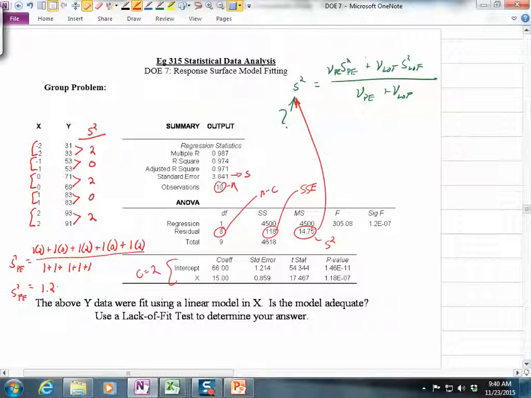You didn't get 1.2? All right, that's the variance that you get from pure error.